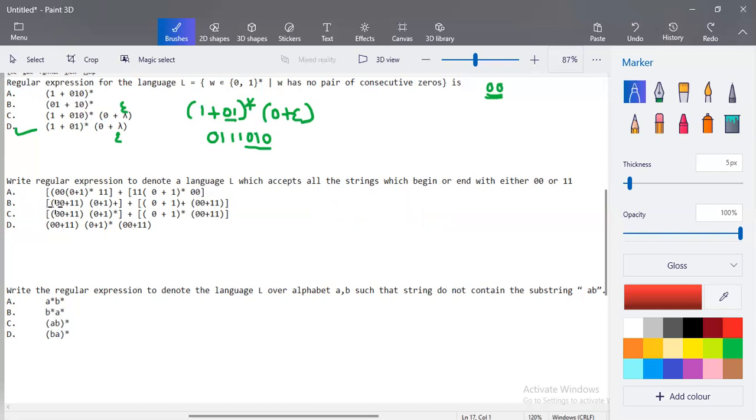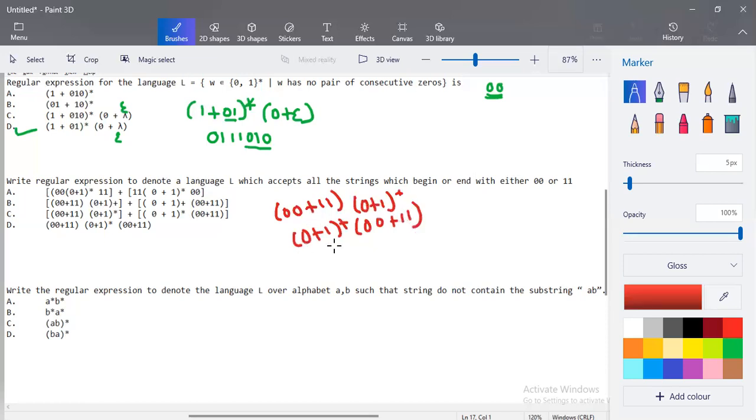So the next one also has the same constraint, I think. It exactly begins with (0, 0 plus 1, 1) followed by (0 plus 1) the whole plus, or (0 plus 1) the whole plus (0, 0 plus 1, 1).